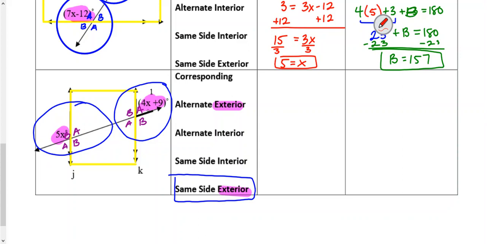Now to solve for x, I know one is an A and one is a B. So I can say A plus B equals 180.